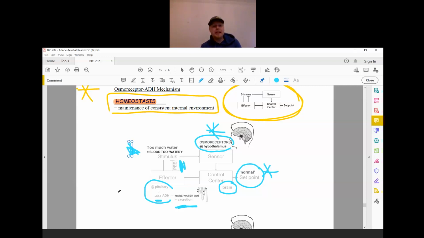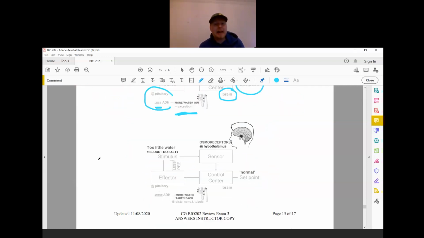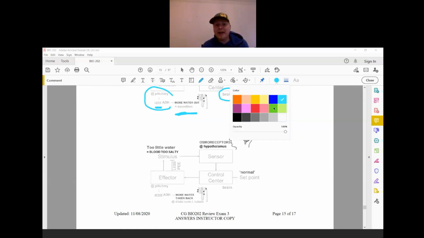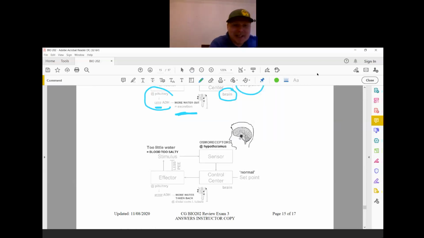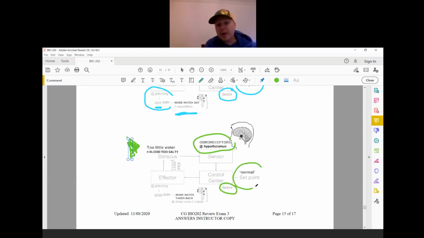Let's look at the opposite of that, where we now have too little water. So you could almost say that the water is too salty if you wish. That's our starting situation. Again, our sensor is going to be the osmoreceptors at the hypothalamus. They pass the message to the brain, where we have the normal set point where we compare this value. So we compare whether the sensation from the osmoreceptors is in alignment with what would be normal.